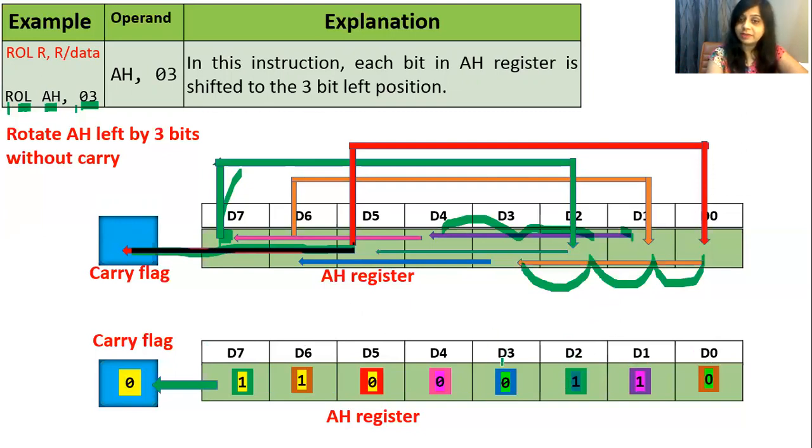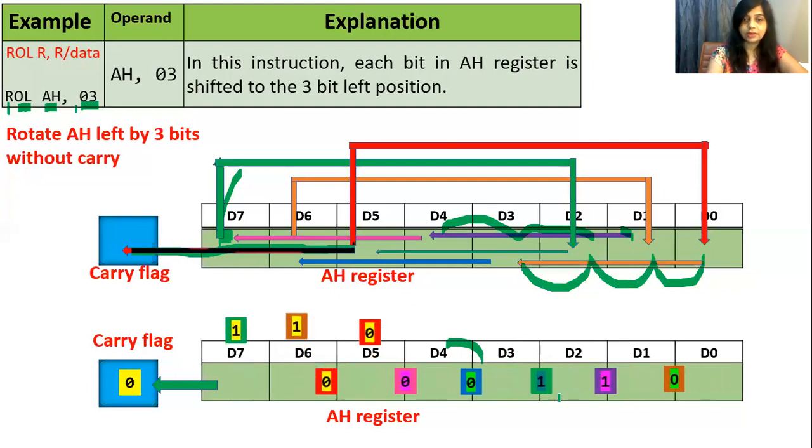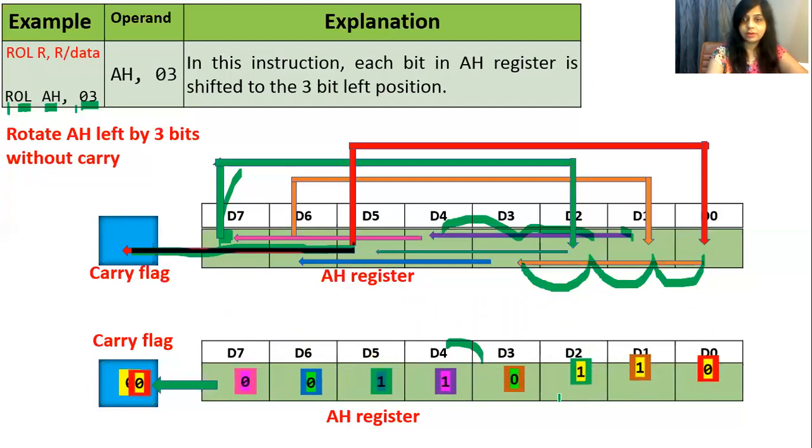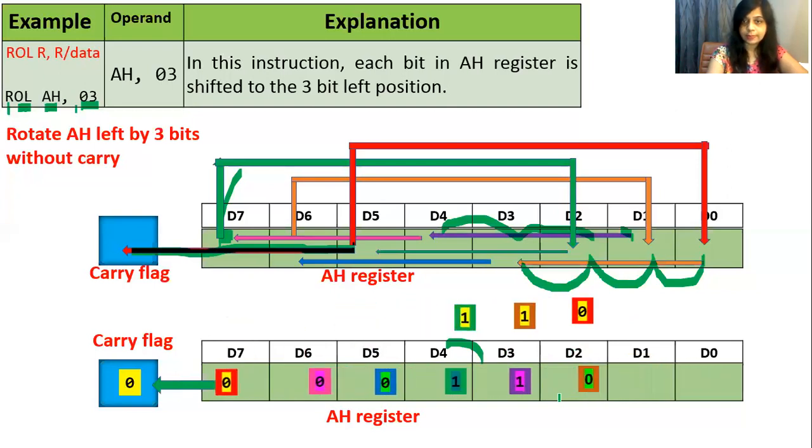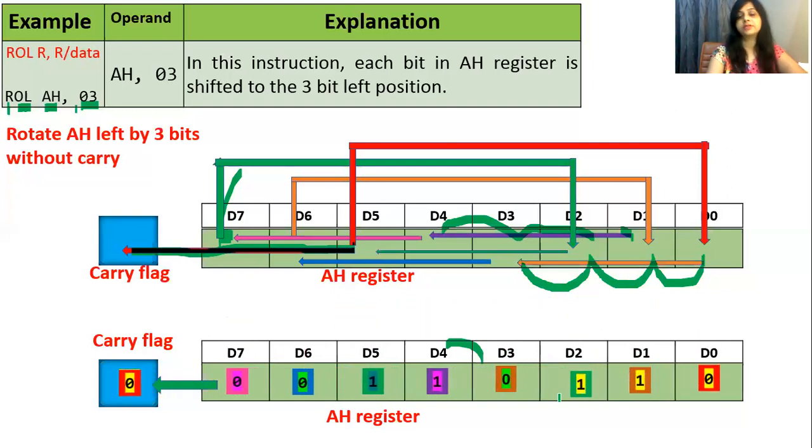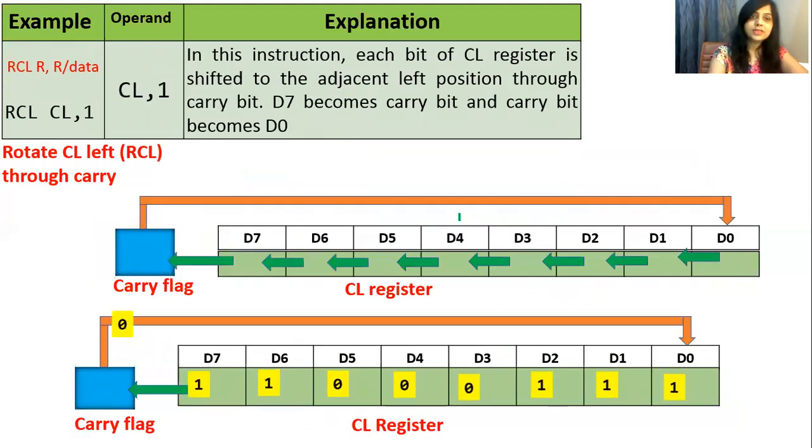Even D3 will move towards left by 3 bit position: 1, 2 and 3. So whatever is at D3, 0, it will enter at D6 position. So again I am showing you. Let's see one more time. Like this.